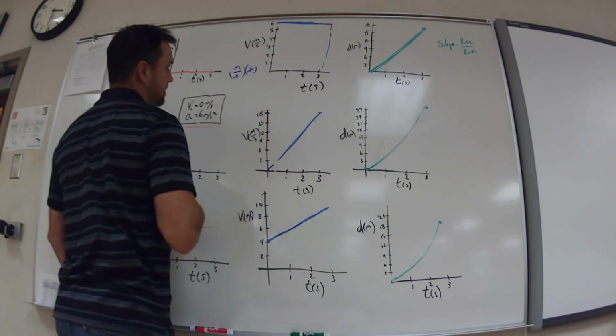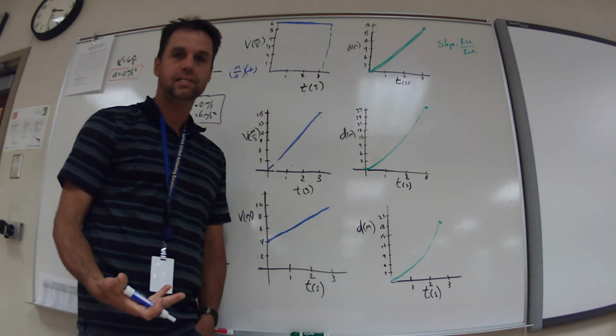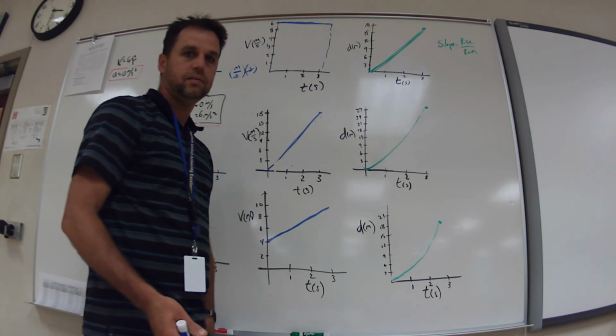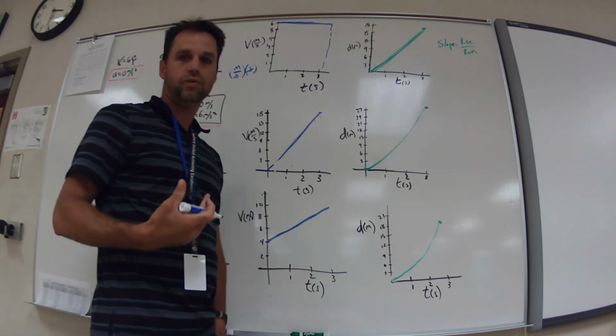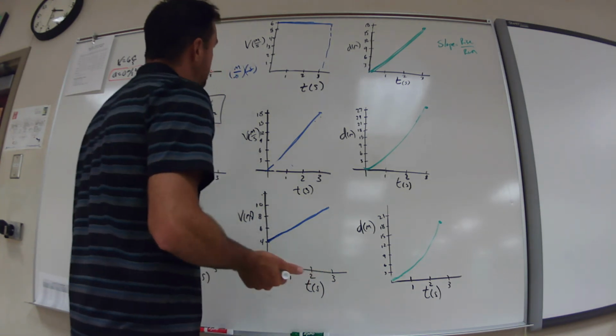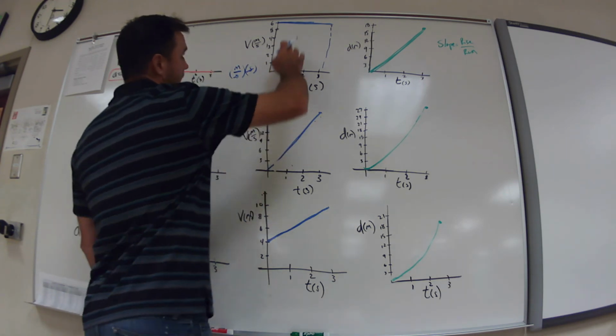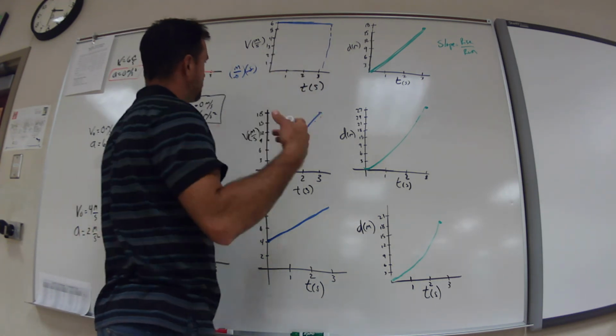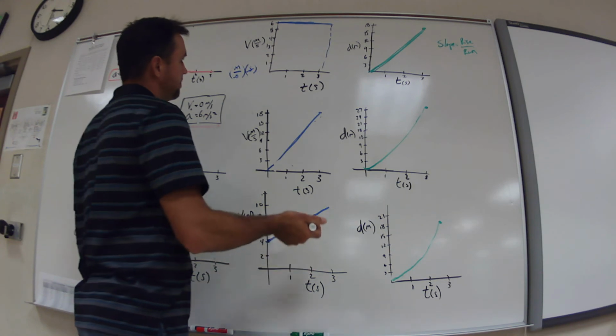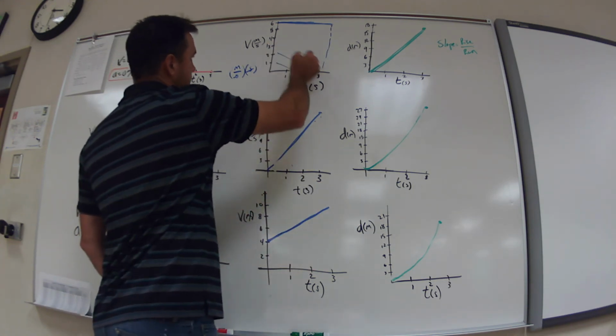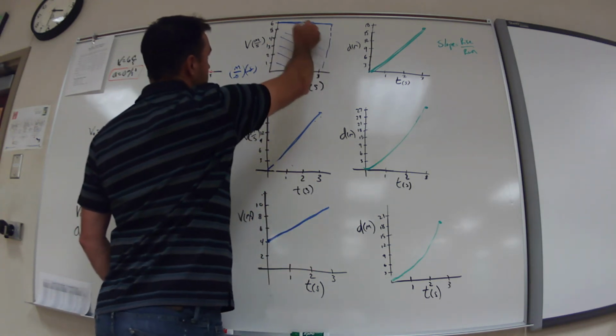Well, that's meters. So in other words, that area is going to give me a displacement, right? It's going to give me the length that I traveled from the starting point. And so if you have a positive velocity the whole time, you should expect a positive displacement. And we do here.